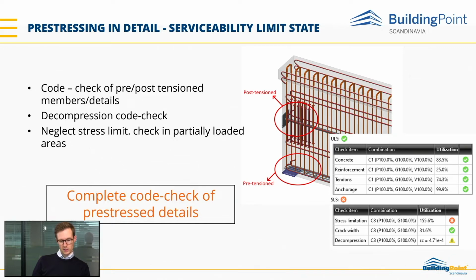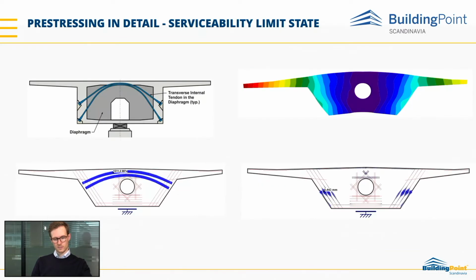So the important code check is the decompression, where the tendon has to be in the compression area of the concrete. Otherwise, corrosion and other factors can influence the lifetime of the structure. Also, the linear model can show big peaks of stresses, which give non-real values and affect the code check of stress limitation in the concrete, for example, under anchors.